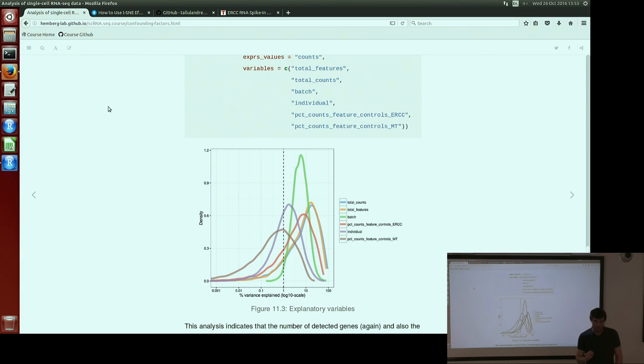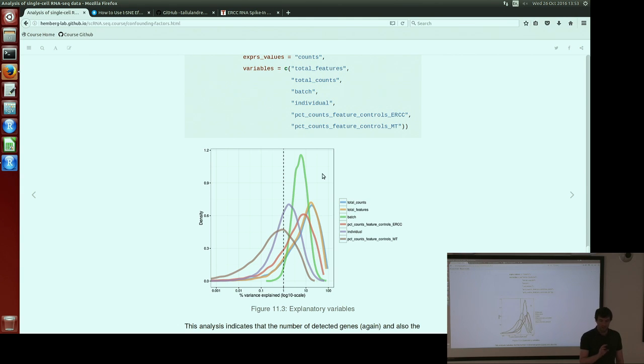On the x-axis is the percentage of variance explained on a log10 scale, so that's the R squared from the models that we're fitting. For each variable of interest, so total counts, total features, batch, and so on, we have this density curve showing the distribution of those marginal R squared values.